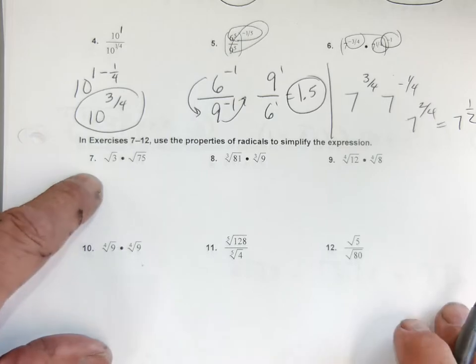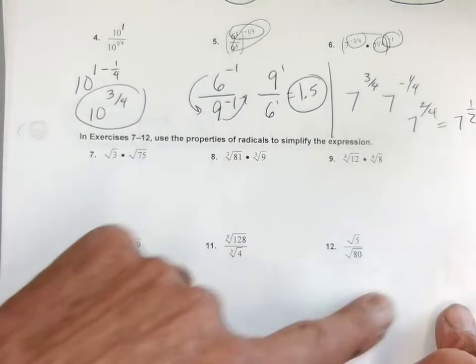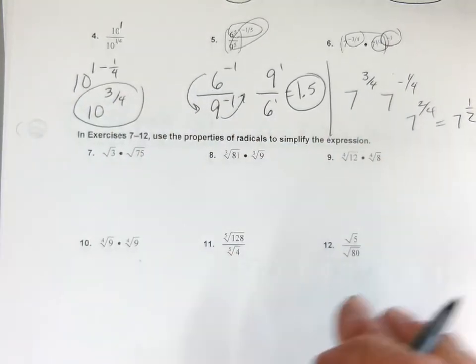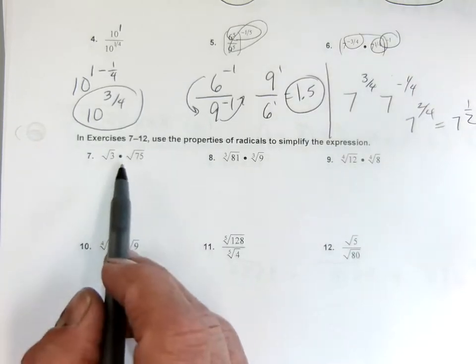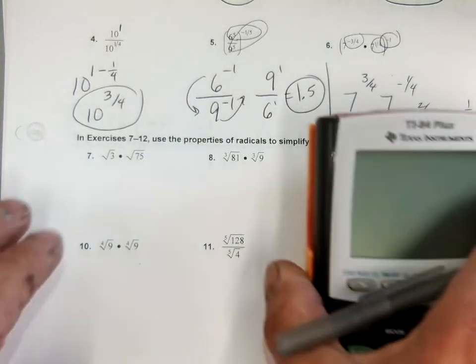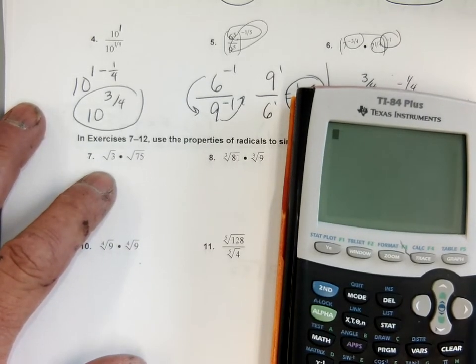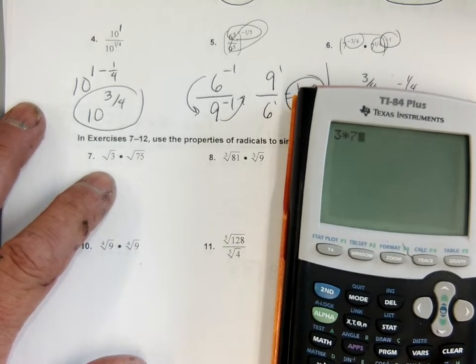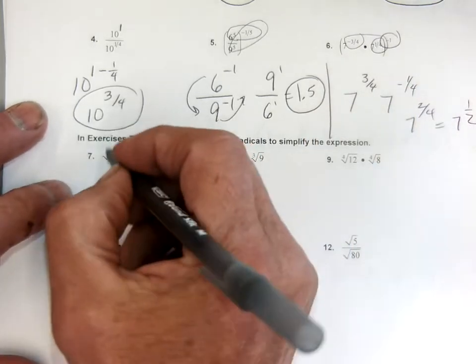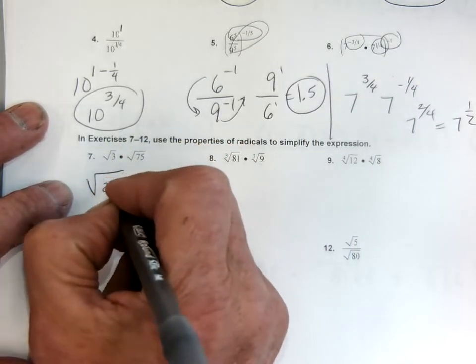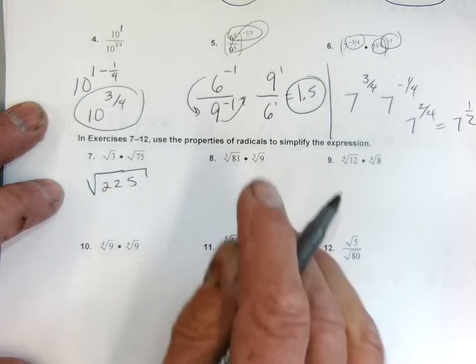Now, these are a little bit of what I was teaching with our warm-up, okay? So if I multiply 3 times 75, let's see, it's 225. It's the square root of 225, okay?